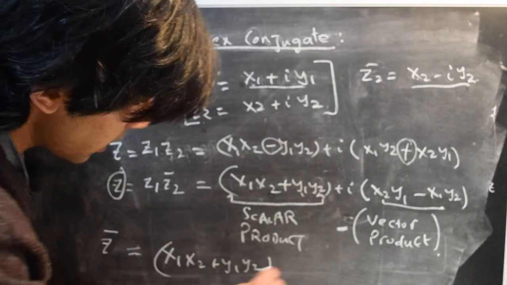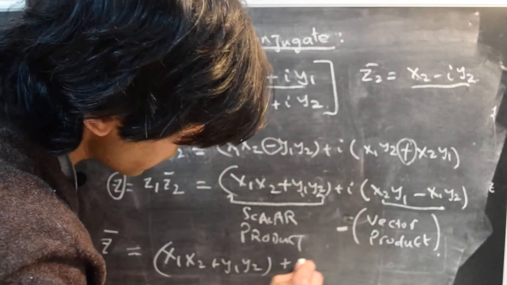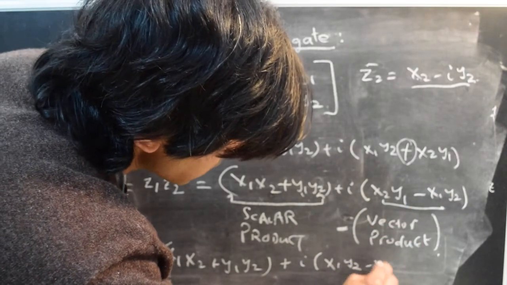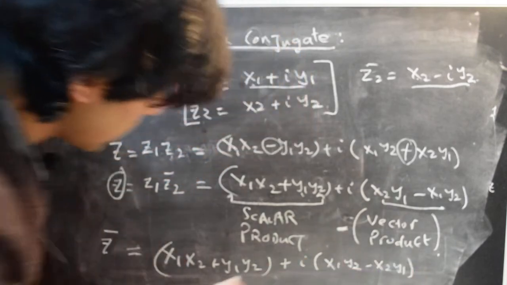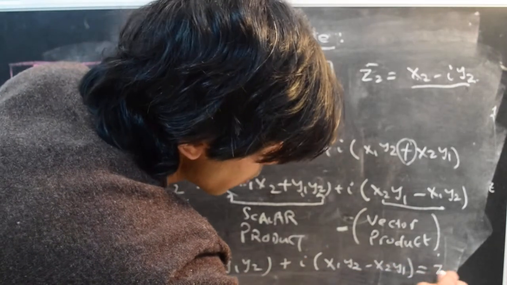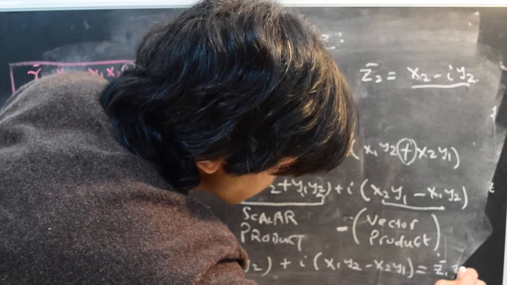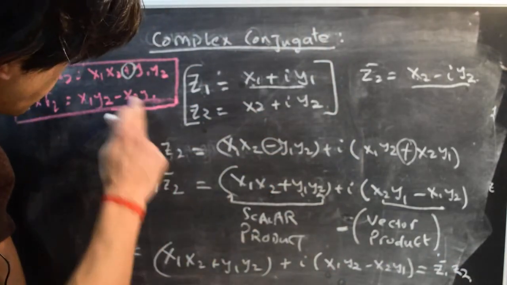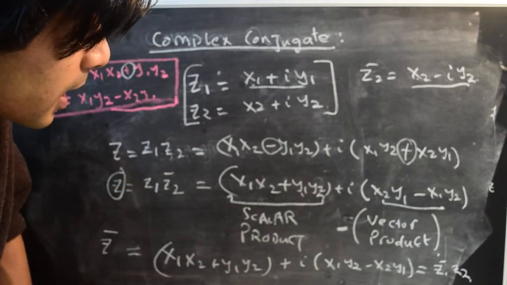The real part remains the same, minus of this, which will give us plus I times x1, y2 minus x2, y1, which is z1 bar z2. And so this is again the positive vector product, and this is the scalar product.